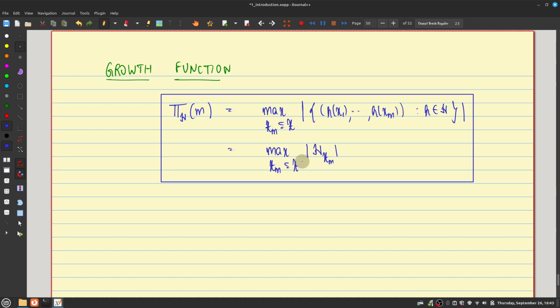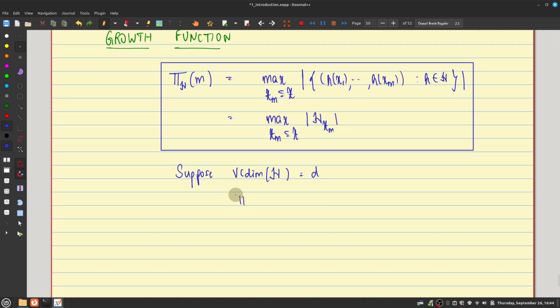For what m? So if m is less than or equal to d, suppose that the VC dimension of your hypothesis class happens to be equal to d. What can you say about the growth function for m less than or equal to d? It's going to be 2 to the power m, right?